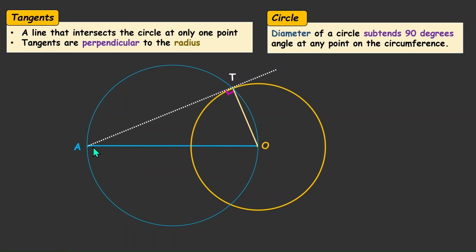So our problem statement now is simply to construct a circle with AO as diameter, and the points at which it cuts the original circle are the points of contact for the tangents.